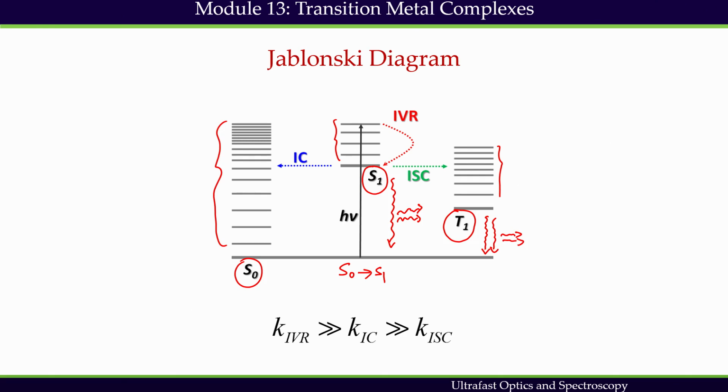On the other hand, there are three important non-radiative processes shown here: IVR, IC, and ISC. These are non-radiative processes.